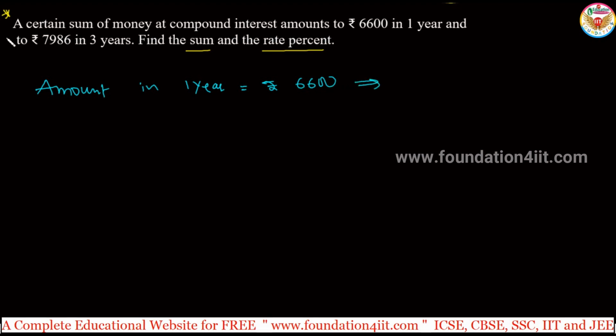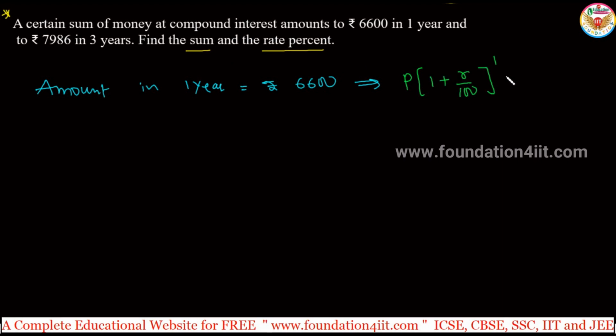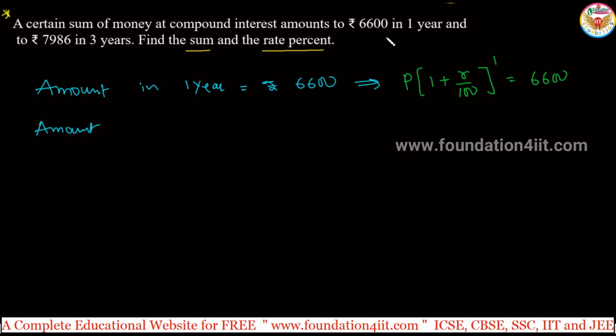But the amount in 1 year formula is P into 1 plus R by 100 to the power 1, right? Because 1 year, that is equal to 6600. Let it be equation 1. Now, second line, this is given: amount is 7986 in 3 years.